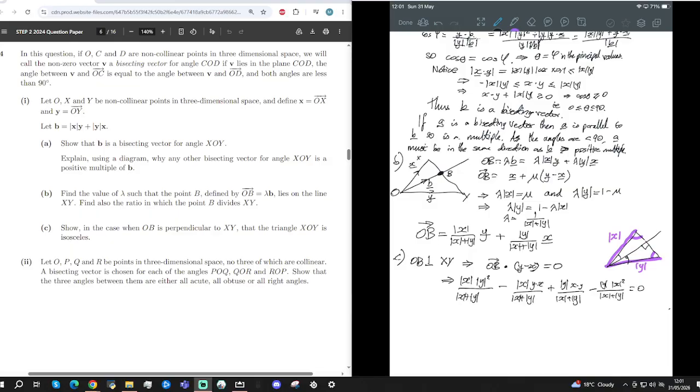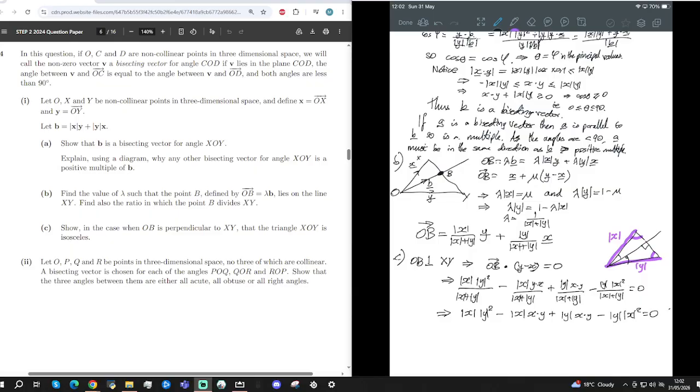Now I'm already quite happy because most things in here are just mods of stuff. I've got a couple of dot products in the middle, which makes me a little annoyed, but maybe we're fine with that. So this is going to be mod x mod y squared minus mod x, x dot y plus mod y, x dot y minus.